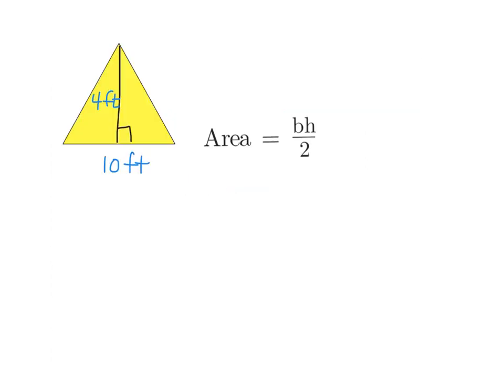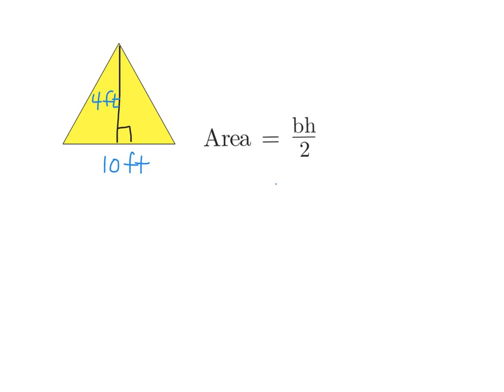Let's look at an example now of finding the area of a triangle. In this example, the base of the triangle is 10 feet, and the perpendicular height from one of the vertices to the base that is perpendicular to it is 4 feet. So my area, again, for a triangle is the base times the height divided by 2.